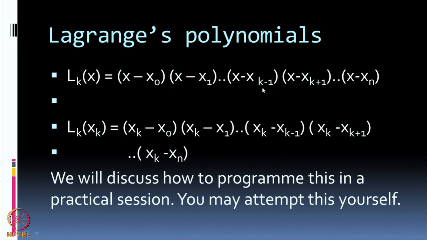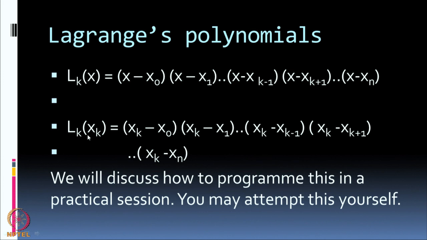There are n products except x minus xk. So, this is a polynomial of the nth order, because there are n terms. What are those n terms? From x0 up to x(k minus 1), skipping k, then x(k plus 1) up to xn. This is a polynomial of order n.